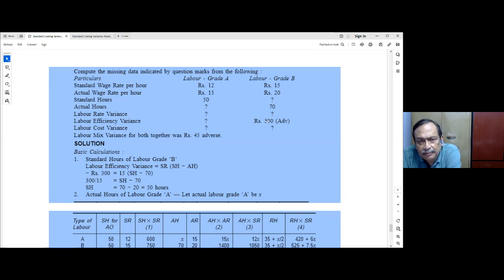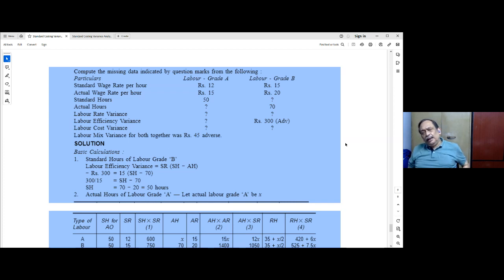Labor efficiency variance for grade A, question mark, and for labor grade B it is 300 adverse. Labor cost variance not given, question mark, grade A, grade B. But labor mix variance for both together was rupees 45 adverse. That is the total labor mix variance. That is given in the question.